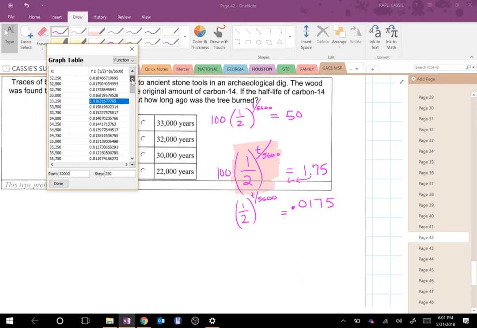I'm kind of off here, so 0.0175 is really a lot closer, I think, to 33 than it is to 32. Can you see that 33 is 0.168 and 32 is 0.19, and that's a big difference.